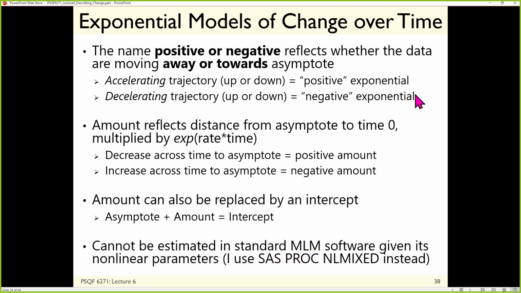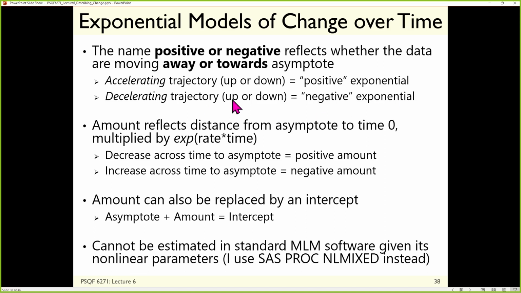The name of the exponential model, positive or negative, describes which way the trajectory is accelerating. So if it's accelerating, like going crazy, that's a positive exponential function. That would be something like bacteria growth on a sponge, like increases exponentially. COVID rates at the beginning of the pandemic increasing exponentially, fortunately not so much anymore.